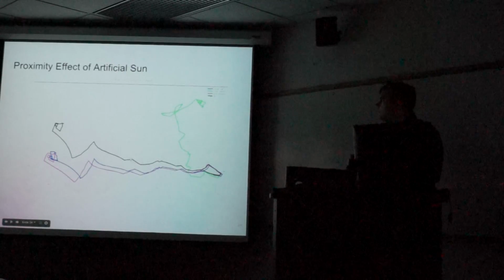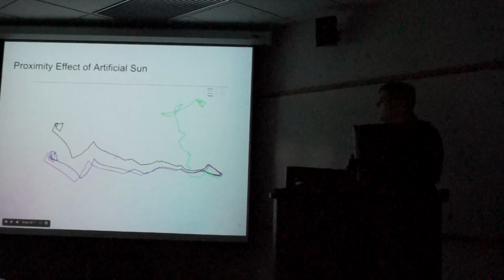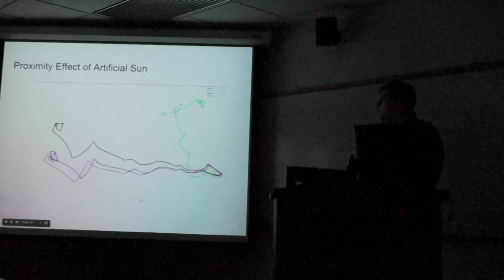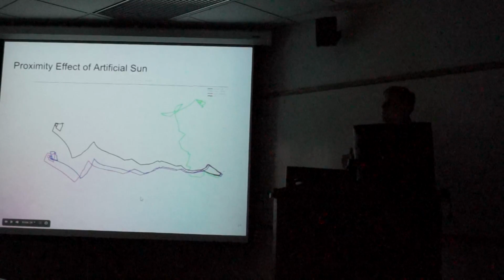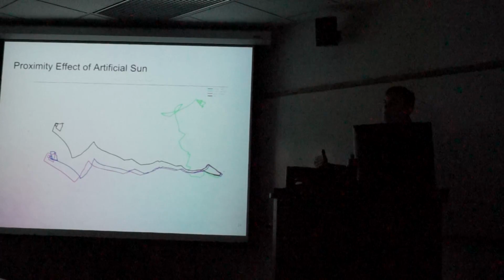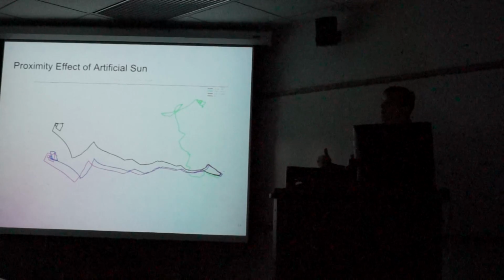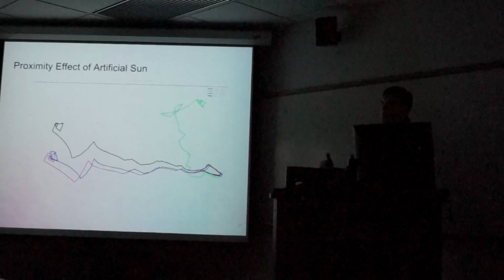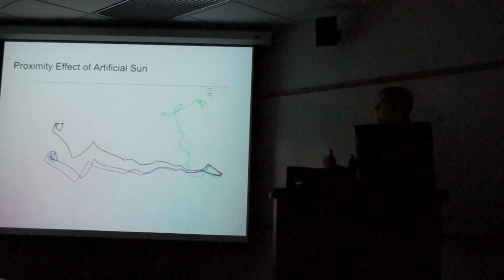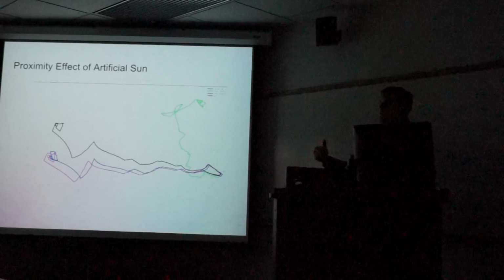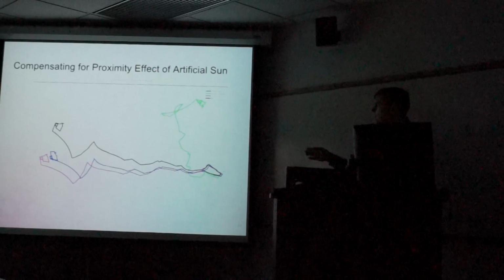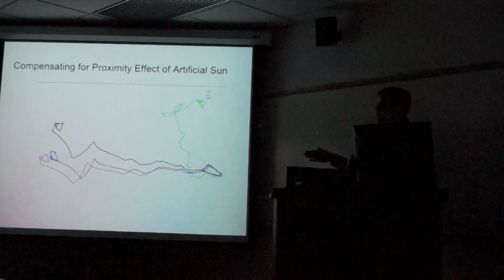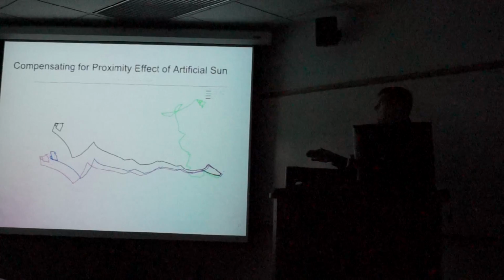All of these paths, the green, the black, the IMU, the purple, solar compass, all use the wheel odometry data as their source of forward displacement information. But each one uses a different source of heading information. So in the original equation, they all use a different theta, but they're all using the same exact distances. So once again, you can see here that all the headings are parallel to the ground truth after the compensation for the proximity.